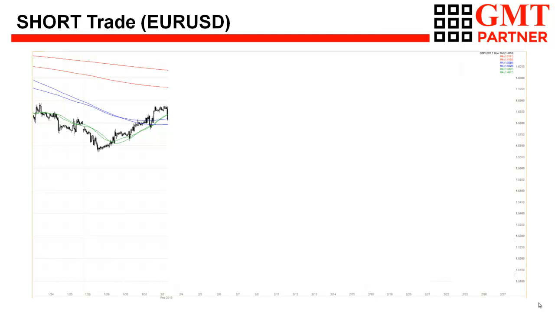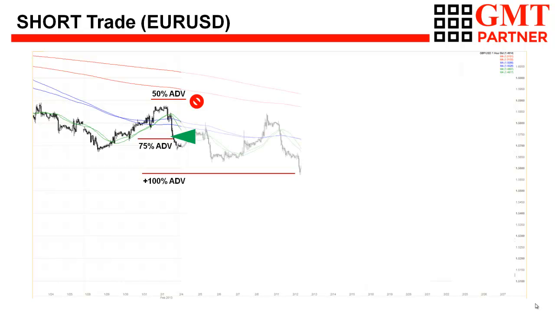Now, let's get to the practical examples and see how the multi-timeframe strategy works in real time. Suppose a trader has opened a short position. The price went down, traveled a distance equal to 100% of ADV from the entry point, and reached the level of target number 1. Immediately after reaching target number 1, the stop loss order should be moved to the break-even point.